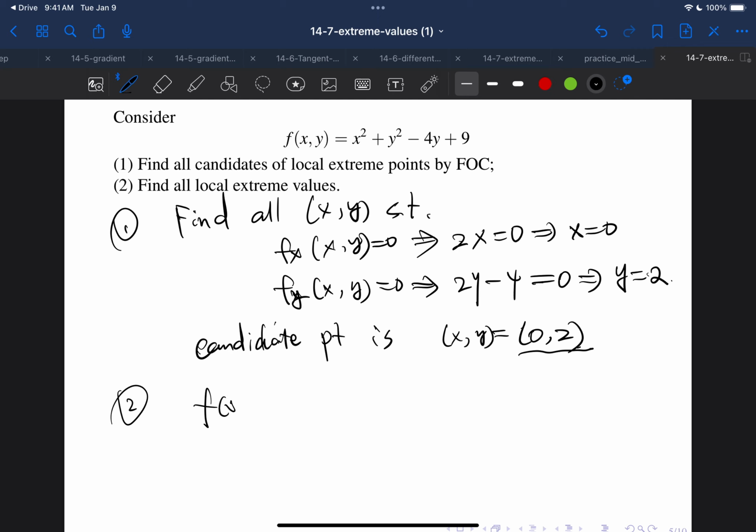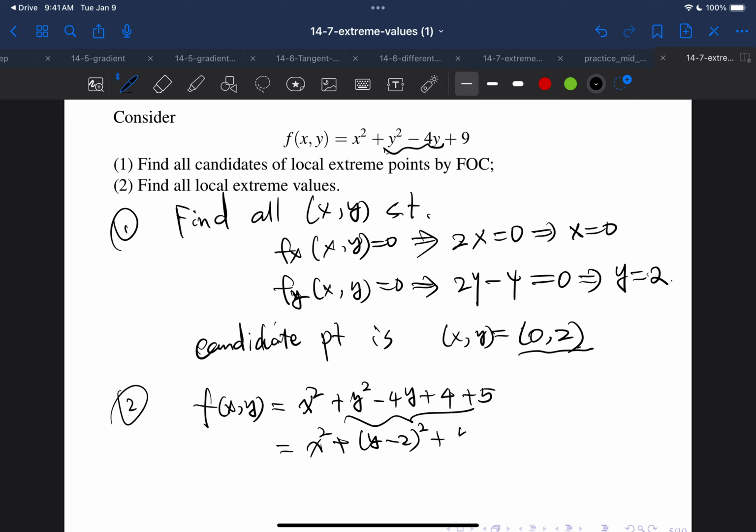When we talk about local extreme, we often use perfect squares, which give parabolas. For x squared, it is already a perfect square, but y squared minus 4y, we can write as y squared minus 4y plus 4, and then plus 5. That gives a perfect square: (y minus 2) squared plus 5.